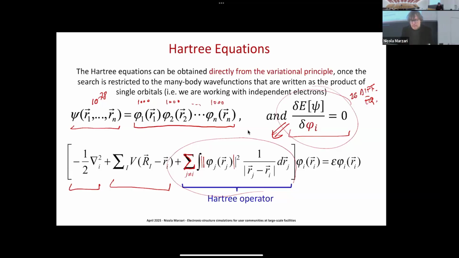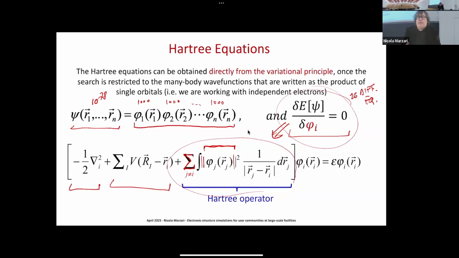This is very intuitive because this object here, the square modulus, is nothing else than the density distribution of electron j. It's really the probability of finding the electron j somewhere. So where that square modulus is high, we have a high probability of finding electron j at that position. When it's low, we have a low probability. And so a high or low probability of finding an electron means that on average, the electron has a charge density distribution that is given by the modulus of phi squared.